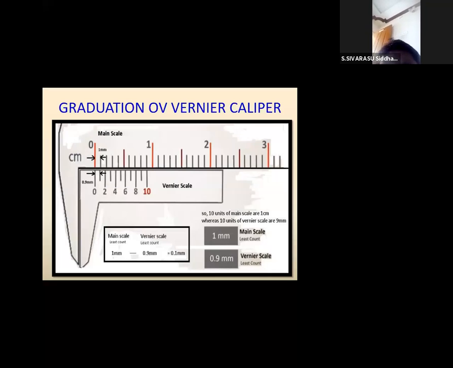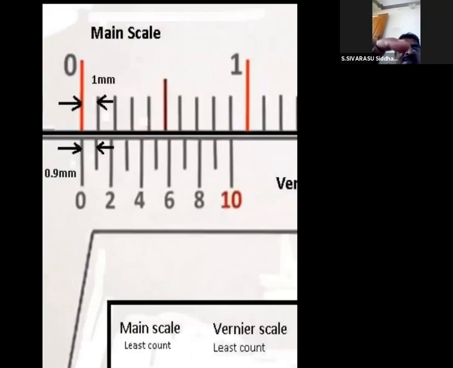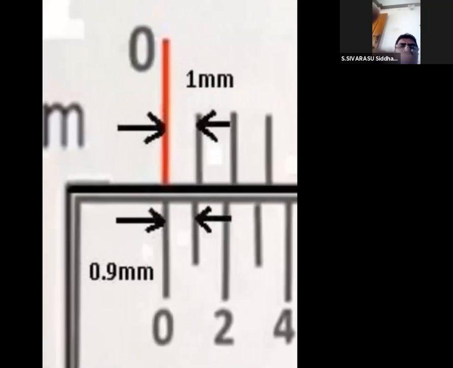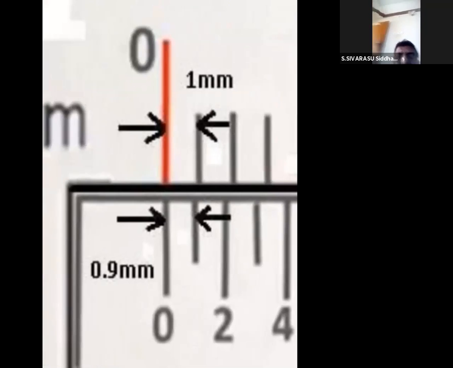If you zoom in, you can see that one main scale division is marked 1 mm, and down you can see 0.9. How has the 0.9 come? Because they have taken 9 main scale divisions and divided them into 10 equal parts in the vernier scale.